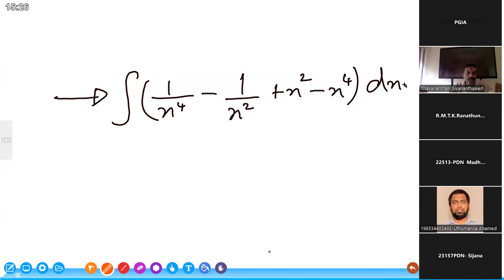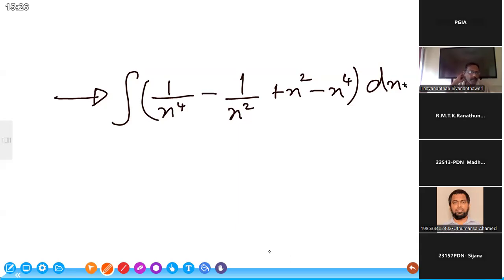Is it zero? Hmm? What? We can rewrite the equation taking the x to the power 4 to the top. You can try this.